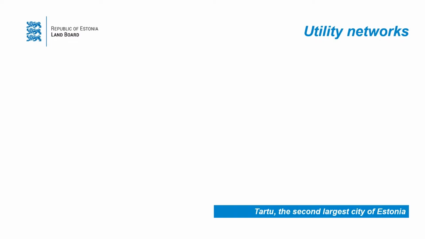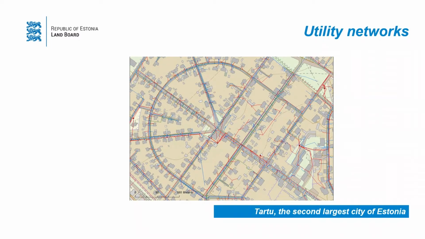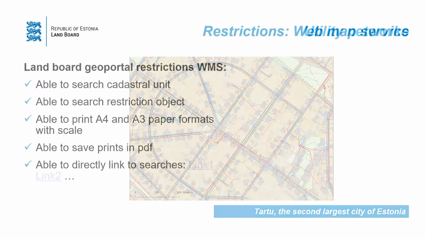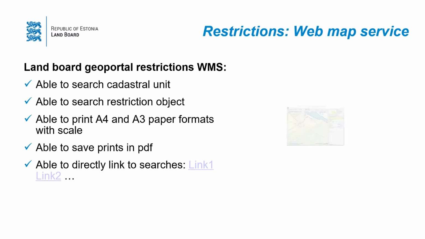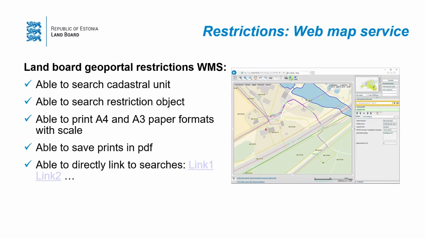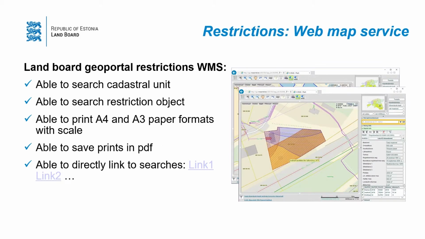This is also an example of utility networks. And when we cover all these restrictions, we calculate the intersection with the cadastral unit, and everyone can query what kind of restriction is on my land.